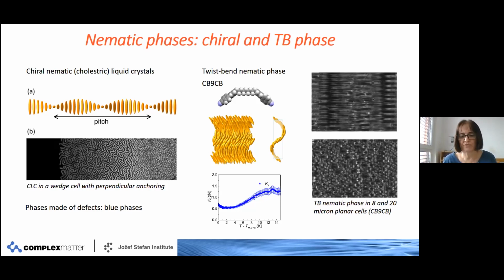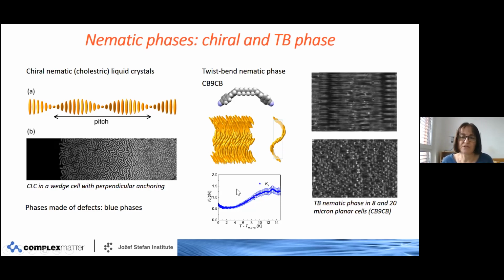But because you cannot fill the space with homogeneous bend, the bend deformation is combined with the twist in a periodic manner, as schematically shown here. And that is why this phase is called twist-bend phase.